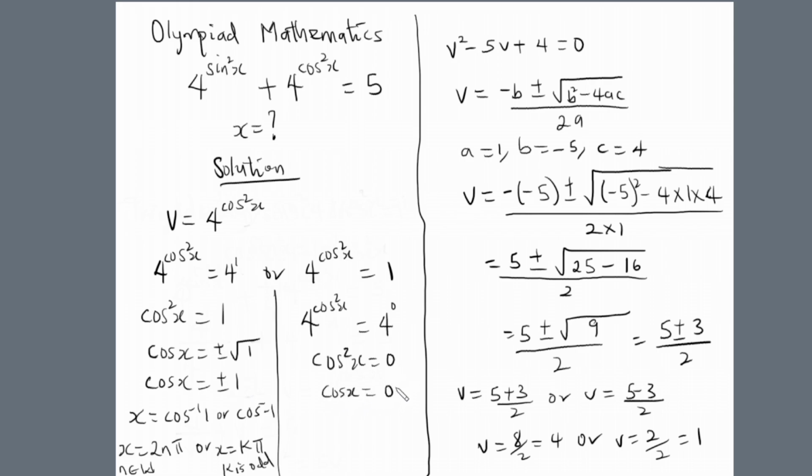There's no positive or negative 0. And so taking the cos inverse of 0, x equals pi over 2 plus n pi, where n is an integer.